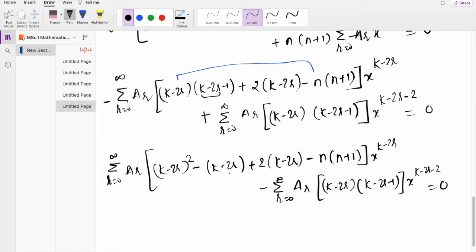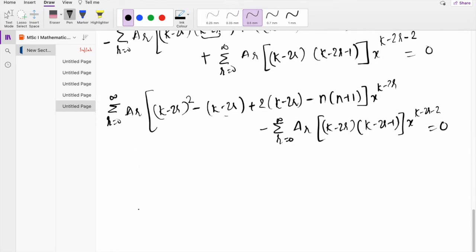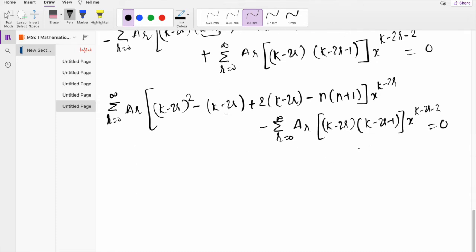I can see these both terms can give me a single term. Which one? If I subtract this, this will give me what? Okay, just simplify this term individually here. If I separate this here, alright, I'm using a different color for simplification.